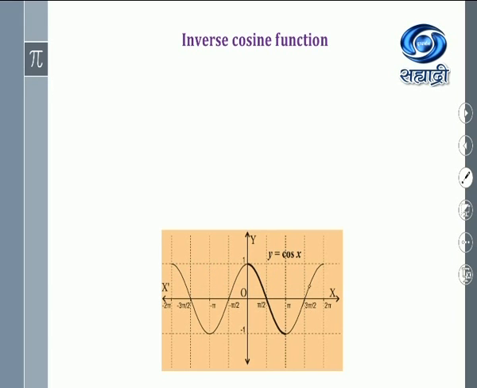If I draw, again that will cut in more than one point. Therefore, the function is a many-one function. So follow the same procedure. We will have to put the restrictions on the domain. Domain is what? The whole x-axis is nothing but the domain, and on the y-axis from -1 to +1. The closed interval -1 to +1 is the range of cos x.